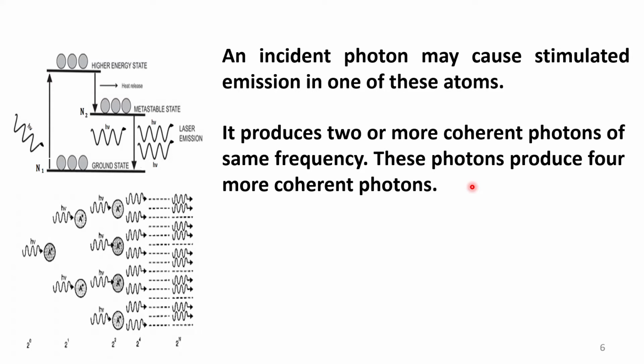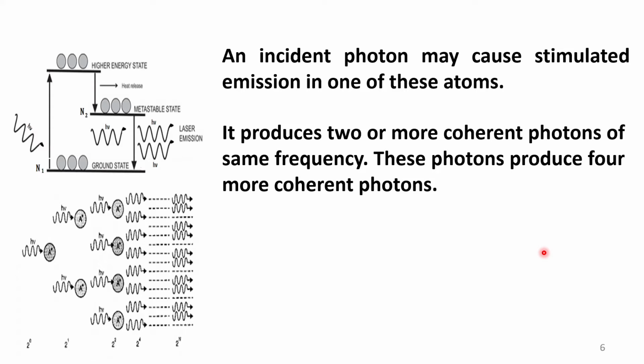That means when the incident radiation interacts with the atoms which are in the excited state, that is, the atoms which are in the metastable state, there is a stimulated emission, and during the stimulated emission it produces two or more coherent photons of the same frequency, and these photons produce four more coherent photons.